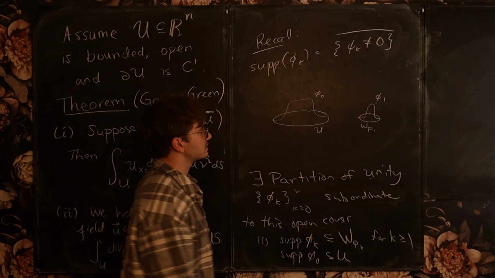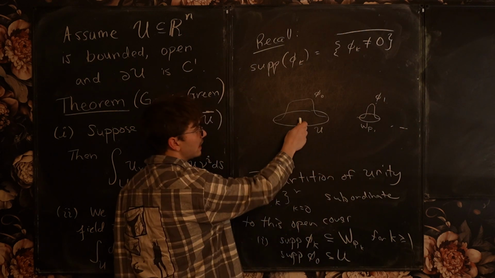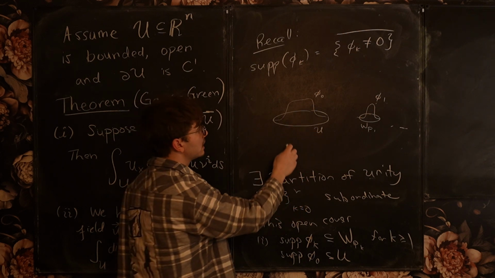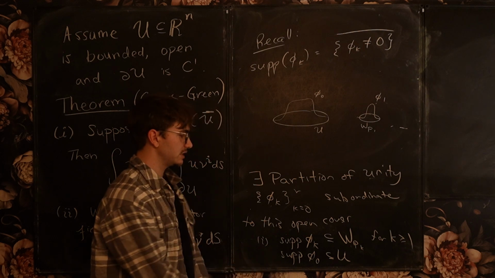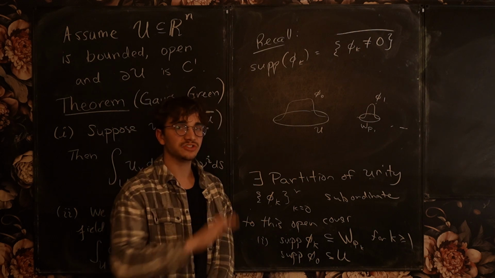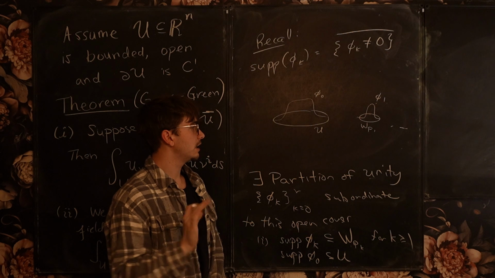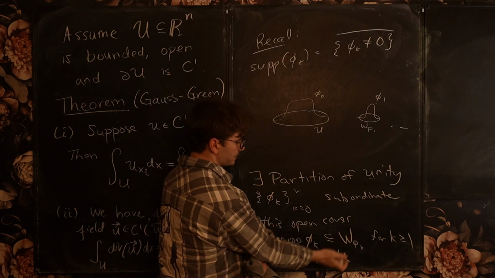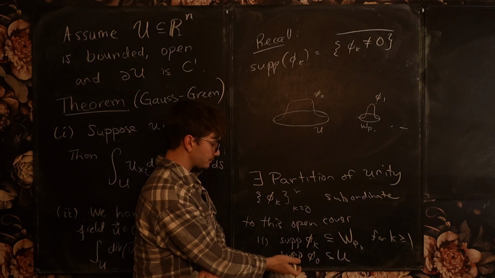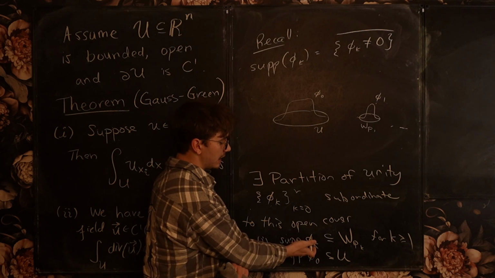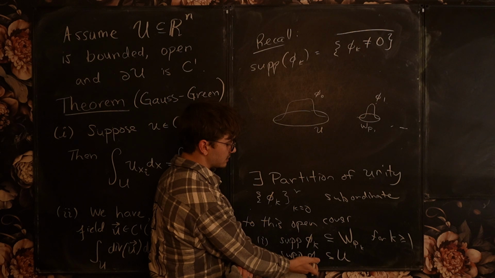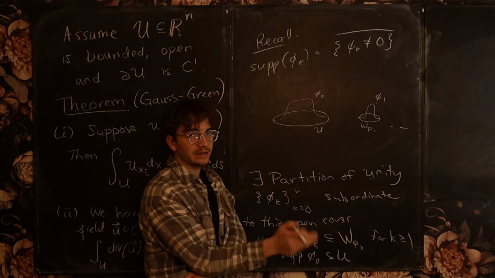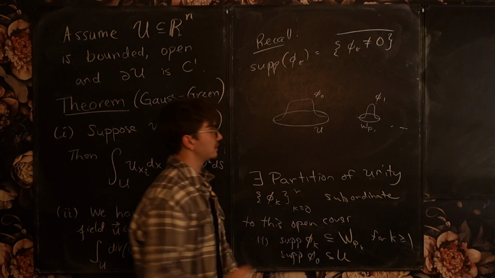I'm drawing the graphs of these functions, and outside of the set U these functions are 0. So that's what this first condition is saying: these functions are 0 outside of the corresponding set. If I pick a phi k, it's going to be 0 outside of W_pk, or in the case of phi 0, identically equal to 0 outside of the set U.